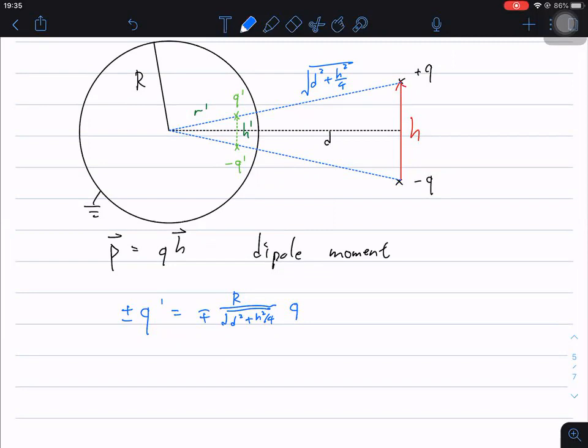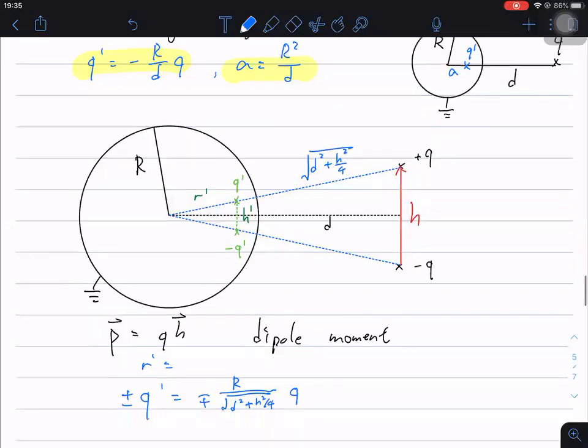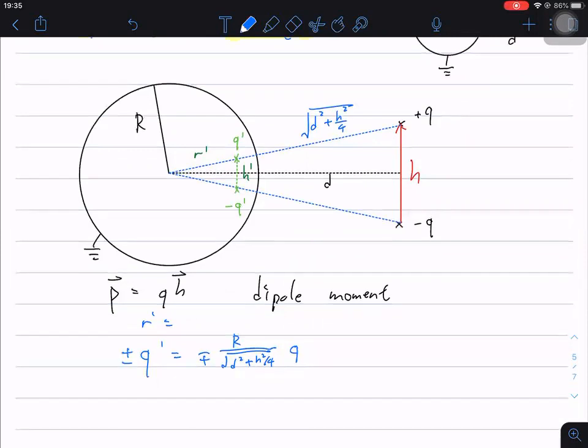For the position of the image charge, R prime, again we can use the image charge method, a equals R squared over d. Similarly, in our case, R prime equals R squared over the square root of d squared plus h squared over 4. It is quite obvious that the two image charges also form a dipole, because we have Q prime above and minus Q prime below.